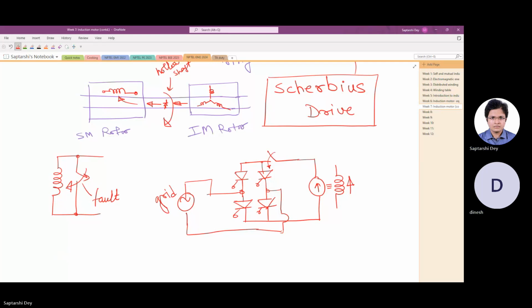Parallel circuits. I don't know what all devices are available there, but at that much high voltage and current, thyristor is the only option. You may have to parallel, but thyristor parallel, I don't know. Yeah, thyristor we can parallel. Okay, it's positive temperature coefficient of resistance.